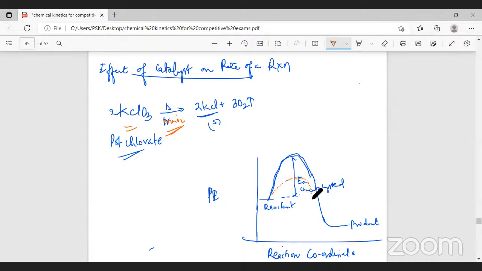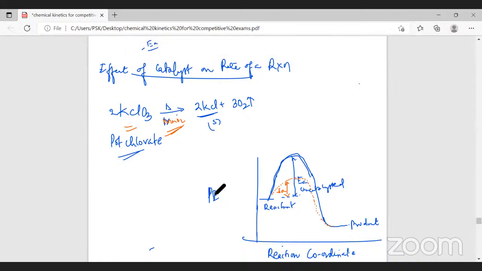This dotted line I'm drawing shows the reaction in the presence of the catalyst. You can see that in the presence of the catalyst, the energy of activation for decomposition is very less. To attain this energy, the time required will be very less. Therefore, the rate of reaction becomes faster. You understand what I'm telling?